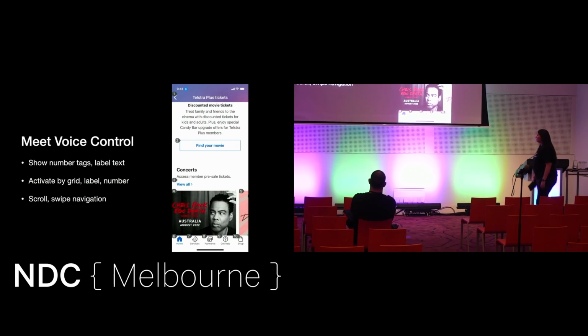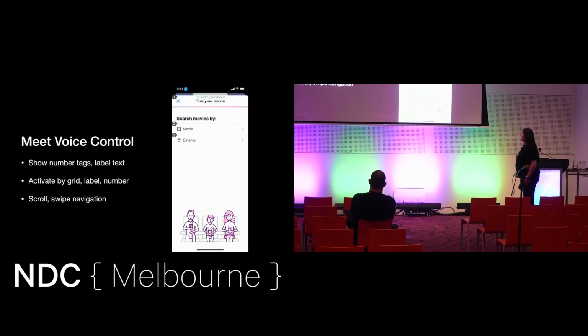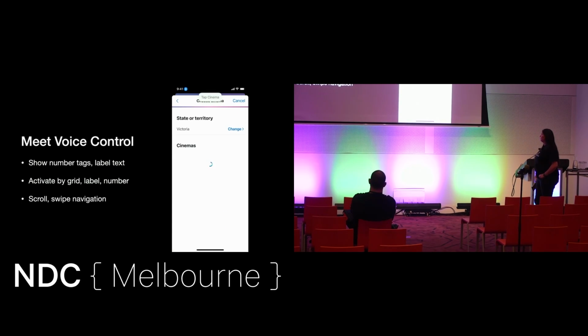Now I'm scrolling right, and it is moving the carousel at the bottom of the screen. Tap find your movie. Tap cinema. Swipe up. Scroll up even.